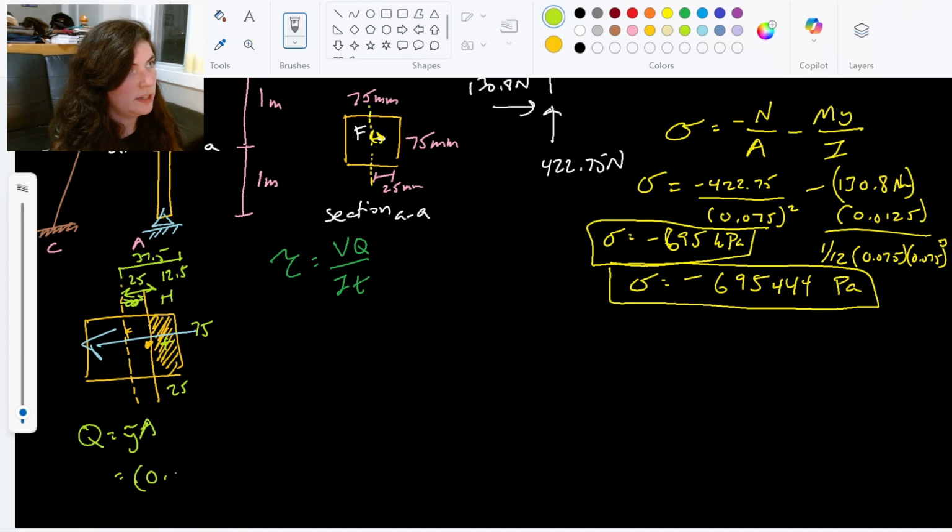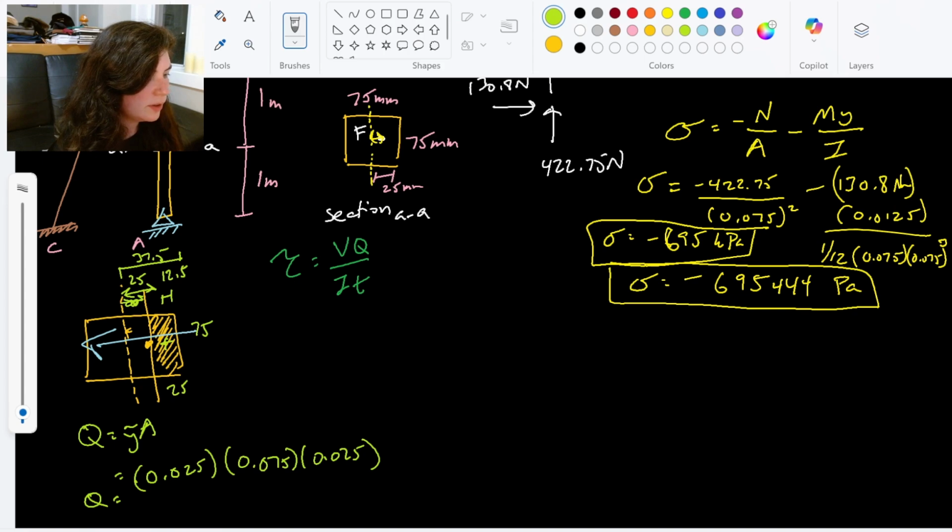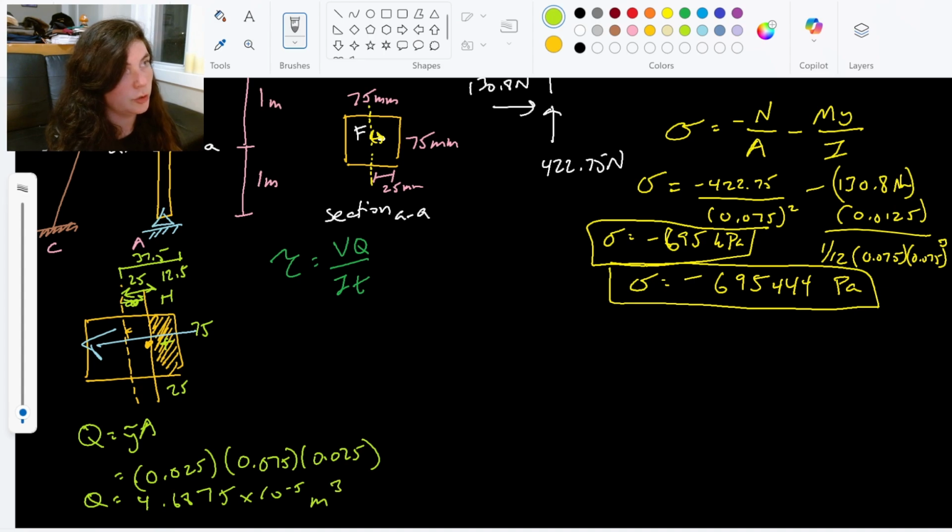So that centroid is 0.025 times the area, 0.075 times 0.025. Which I plug into the calculator, and it gives me 4.6875 times 10 to the negative fifth meters cubed. I converted everybody into meters. Q always has units of meters cubed.